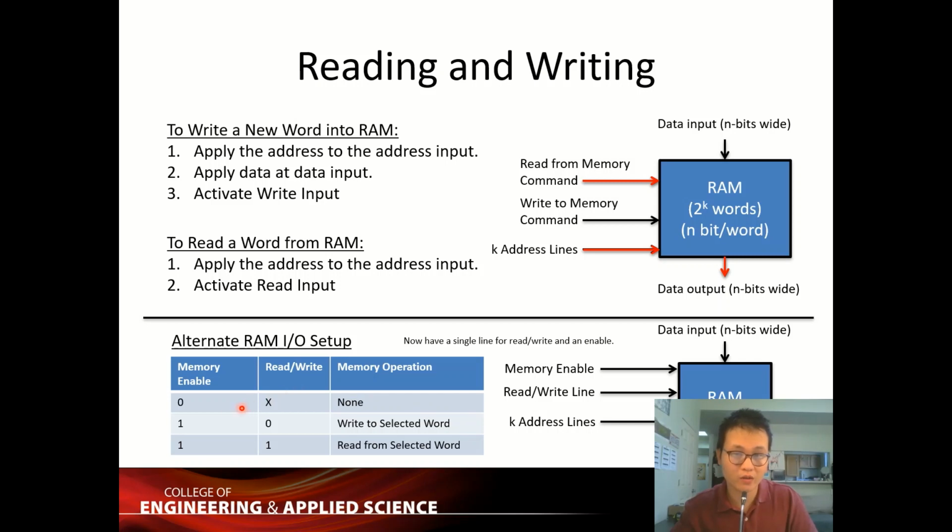So we can actually have different modes. For example, if the memory enable is 0, it's not going to do anything, neither read nor write. If the memory enable is 1, I can assign 0 to be write and 1 to be read.